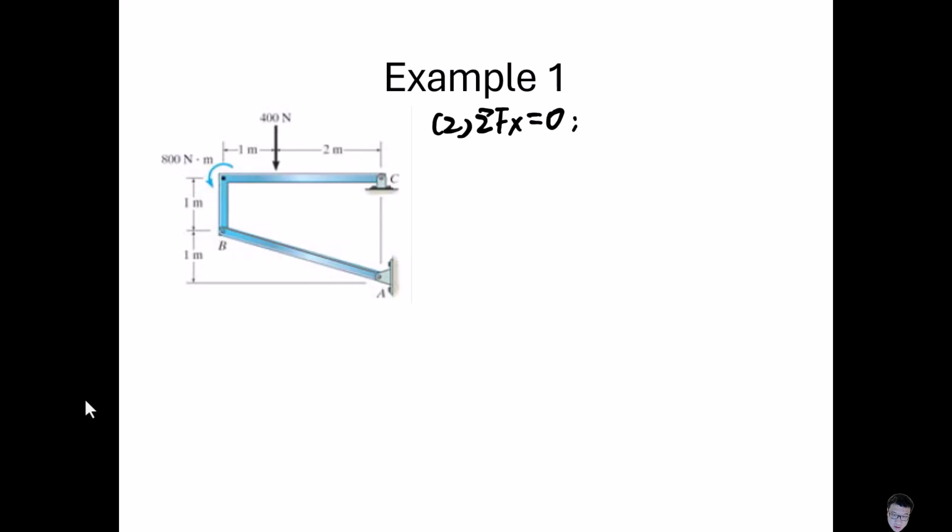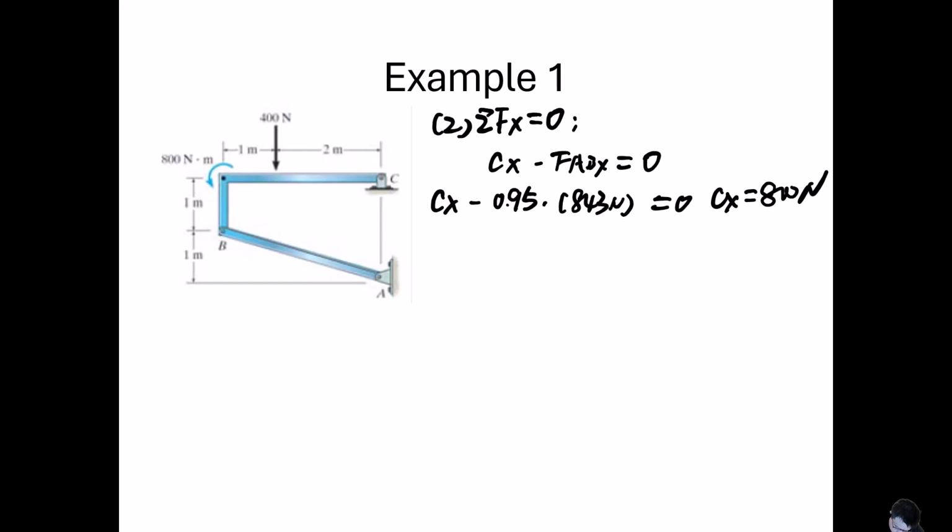We only have two forces on the horizontal. So Cx then equals to 800. And the direction, because it's positive, the Cx its direction is same to our assumed direction.